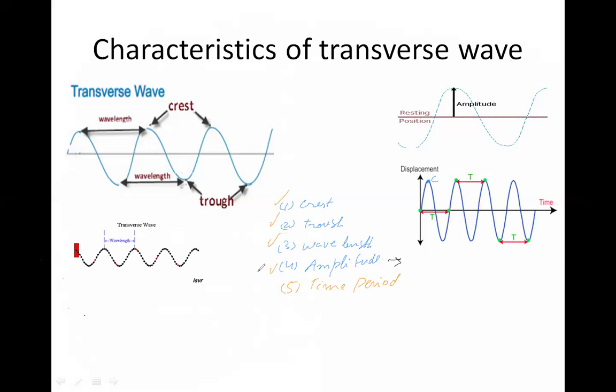The time required to complete one cycle. Say from your home to school, then back to home. How much time will you take? Let's say 5 or 6 hours. When you move from the initial point and return again to the initial point, the time you take is the time period. Time period is always represented with a capital T. Now look.